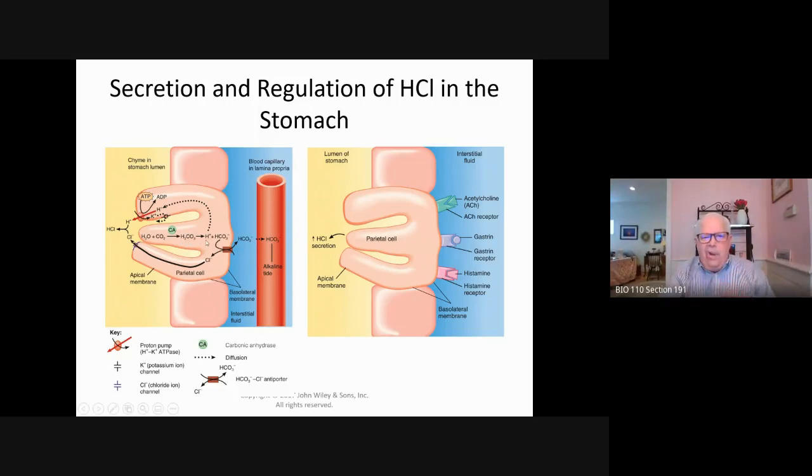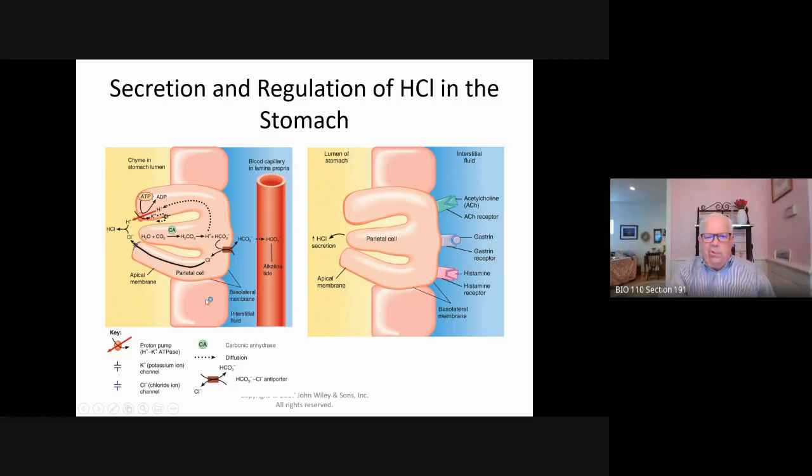And now you know what happens to the hydrogen. The hydrogen attaches to the chloride and forms hydrochloric acid in the stomach. In the stomach. Okay? Very, very important.